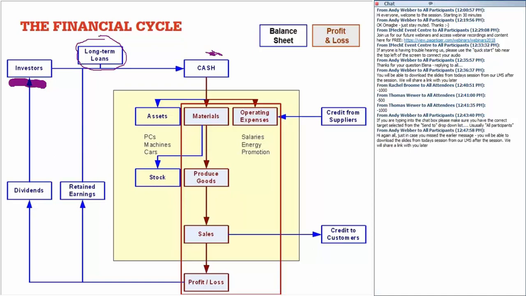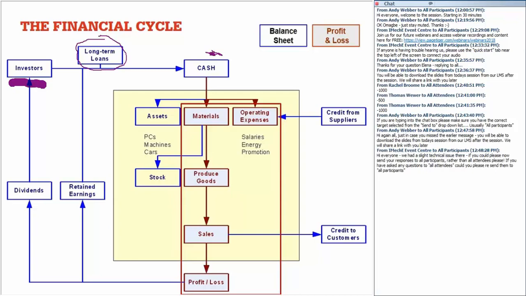The owners of the business are liable to the amount of money that they put into the business. So if they put in £5,000, then if the business hits difficulties, that £5,000 can be used and given to creditors, but no more than that. That's the limit of their liability. Okay, so now we have liabilities on one side of the balance sheet and cash on the other side. So the balance sheet balances.